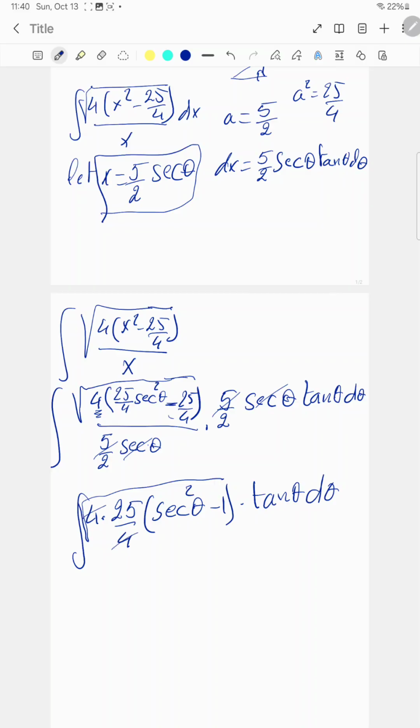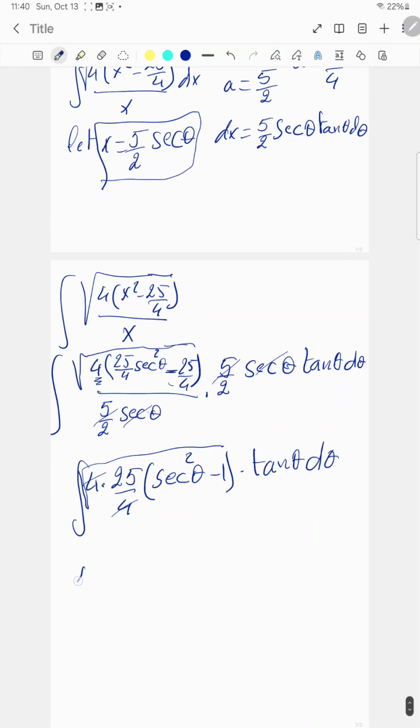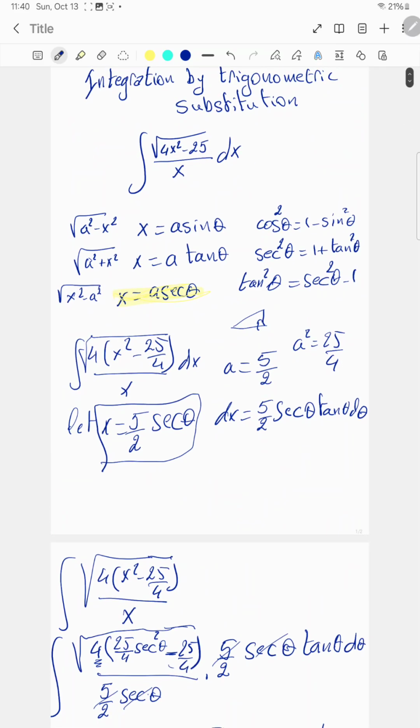This 4 and that 4, I can simplify, and the 25 outside the square root becomes 5, so it becomes 5 times the integral, and sec squared of theta minus 1 is tan squared of theta. We're going to use the trigonometric identity tan squared of theta is equal to sec squared of theta minus 1.